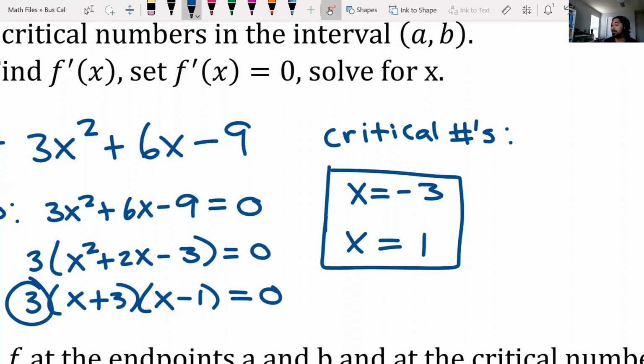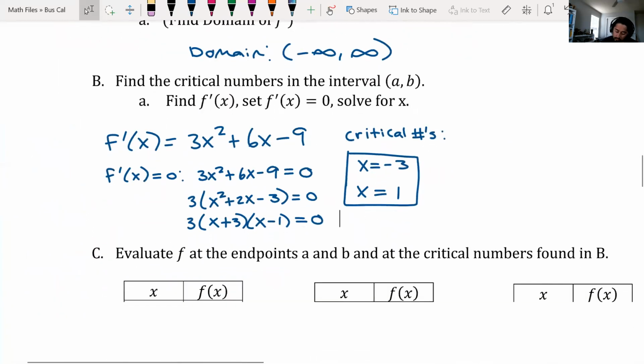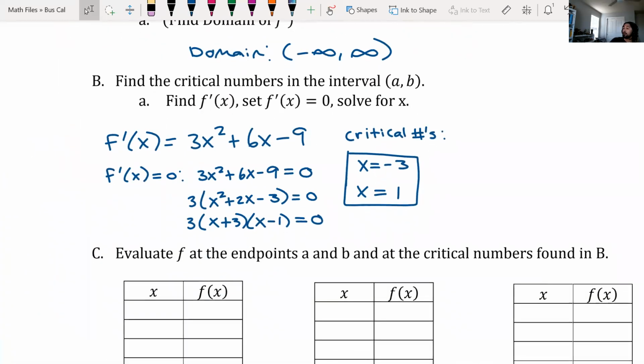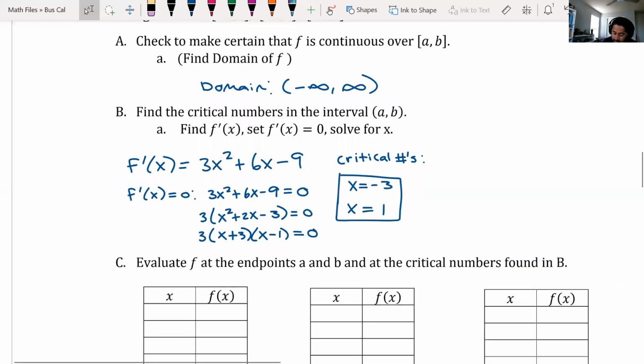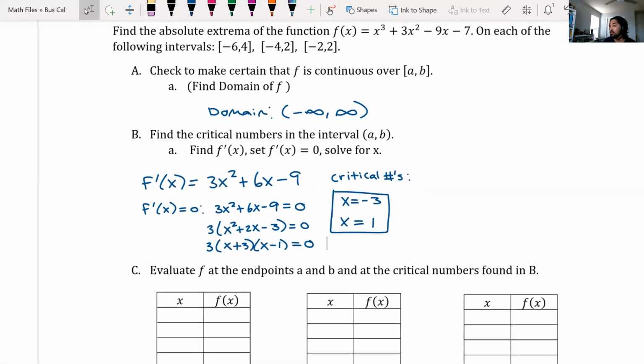We don't have to worry about that 3 in front. It doesn't matter to us. Okay, so there are my critical numbers. And now what we're going to do is find the absolute maximums and minimums on the given closed intervals above. So I have an XY chart for each separate interval.